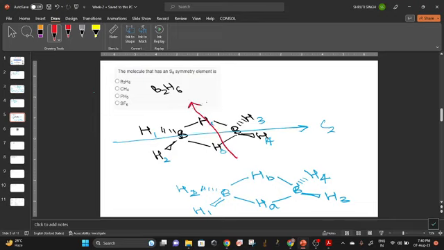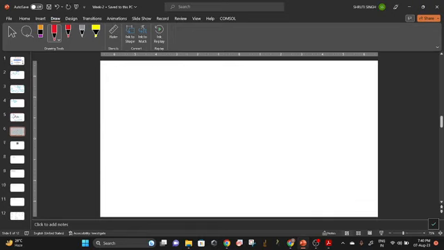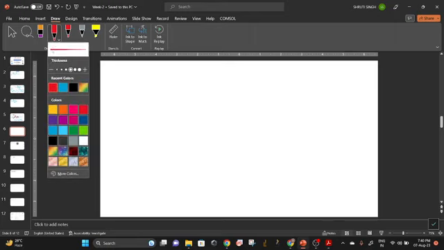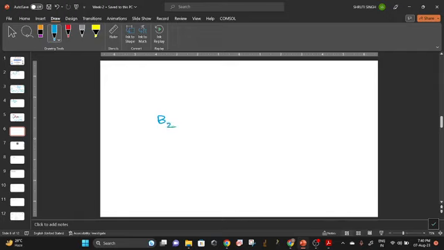Better. So this is like this, C2. Okay, so what will happen, these two boron atoms will change their places. So let me name it 1 and 2. So the configuration will look like, here B2. Now this time these will stay in place.